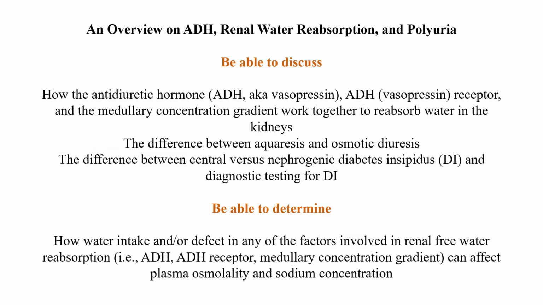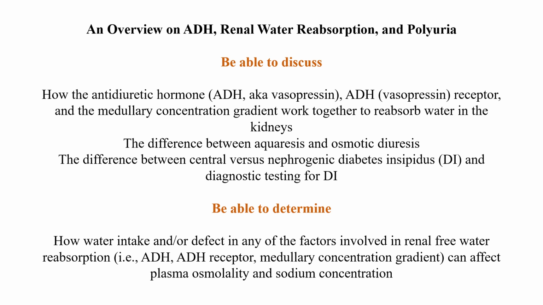At this time, you should be able to discuss how ADH, its receptor, and the medullary concentration gradient work together to reabsorb water in the kidneys, the difference between aquaresis and osmotic diuresis, central versus nephrogenic diabetes insipidus, and diagnostic testing for diabetes insipidus.